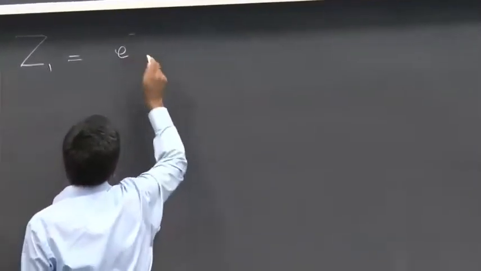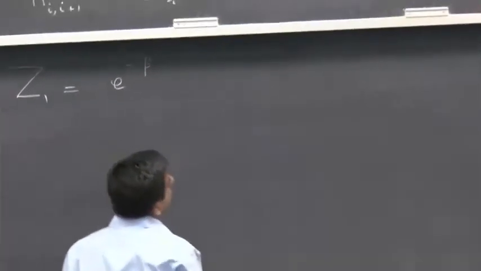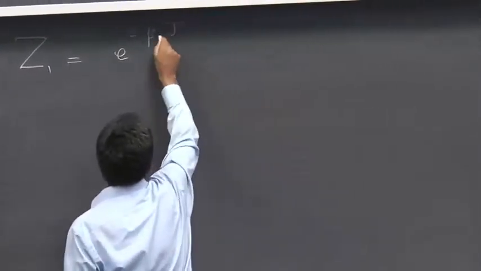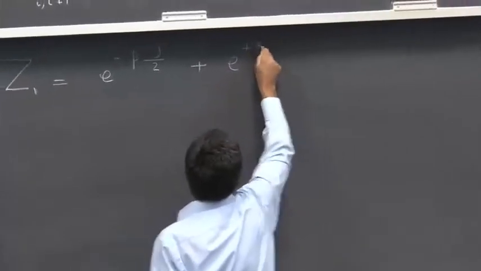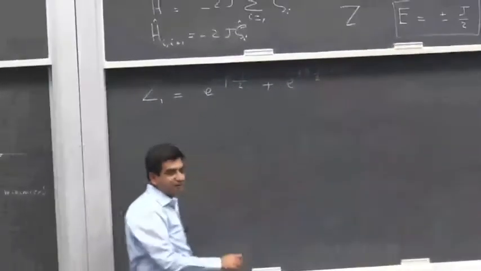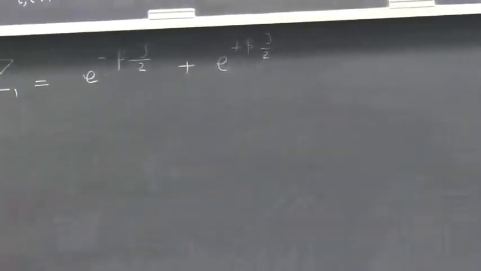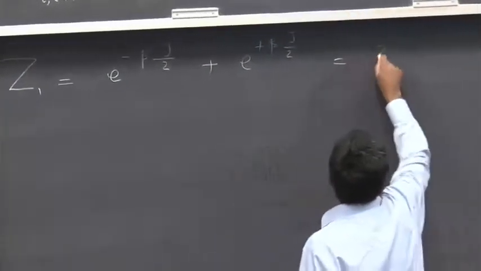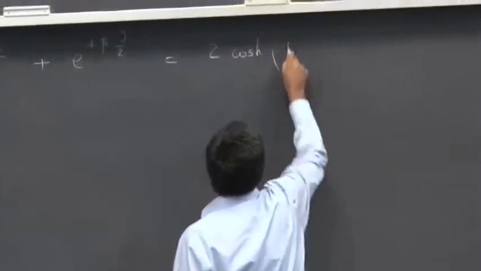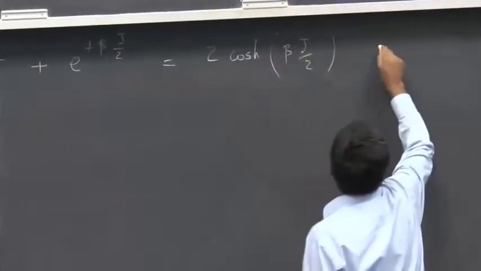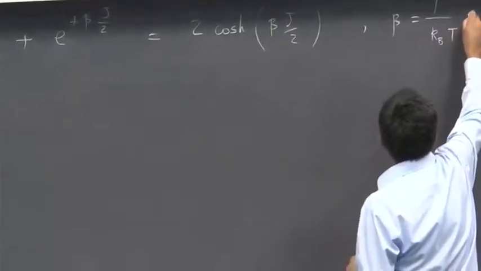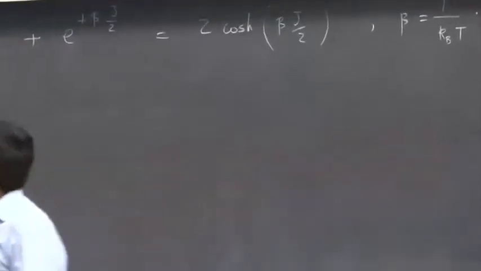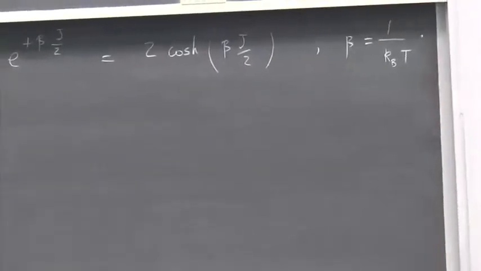Exponent e to the power minus beta J/2 plus e to the power beta J/2. This is the partition function. So now this is 2 times cosh of beta J/2. Remember, our beta is 1 over k_B T. So this is the partition function for each pair.